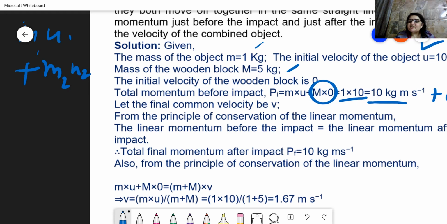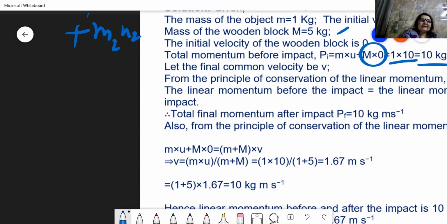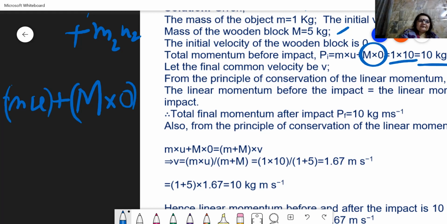So according to this question, it is again 10 kilogram meter per second. Because the body now is under the collision, what is our formula now? We have used this formula, m u multiplied by capital M, multiplied by 0. We can put it in brackets so that there is no confusion, will be equal to m plus M multiplied by v.